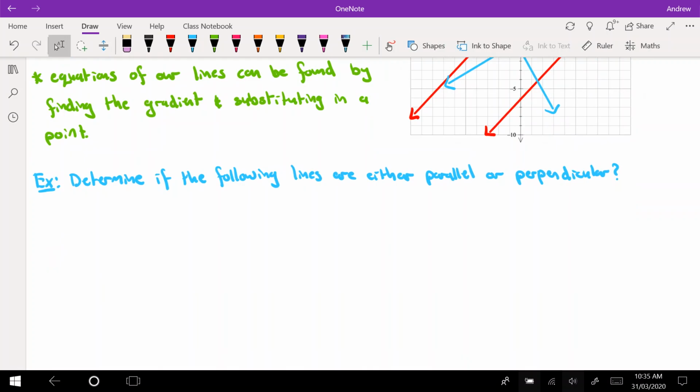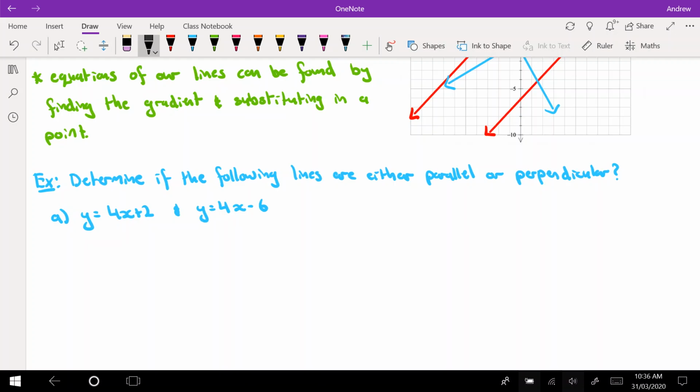So my first pair of lines, let's say we've got y = 4x + 2 and y = 4x - 6. Now, all I want to first do is talk about the gradients of these lines. The gradients are the important part.